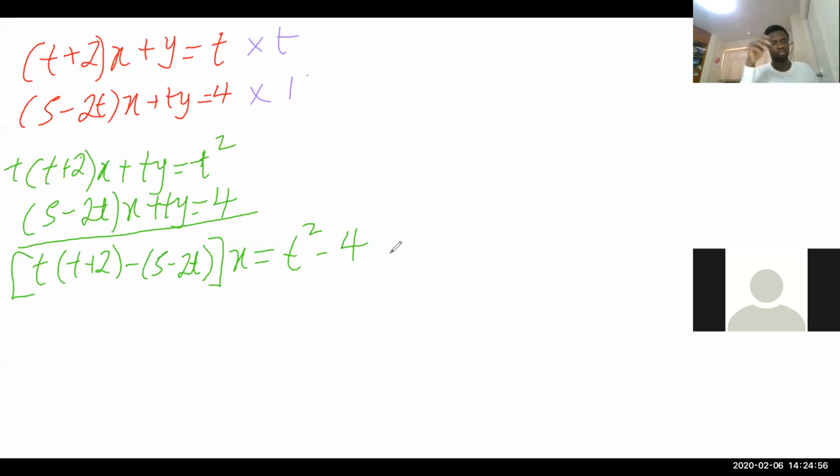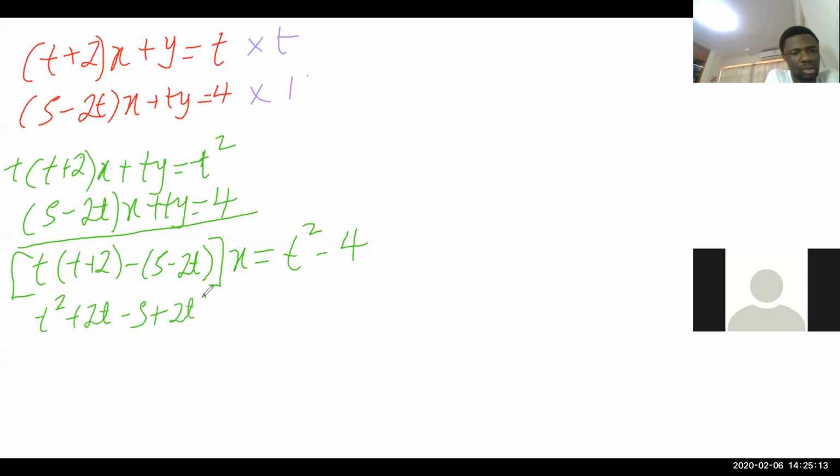You can expand the things inside the bracket first, or just divide them over. Okay, so if I do that, I'm going to be getting t squared plus 2t minus 5 plus 2t, times x, equals t squared minus 4.